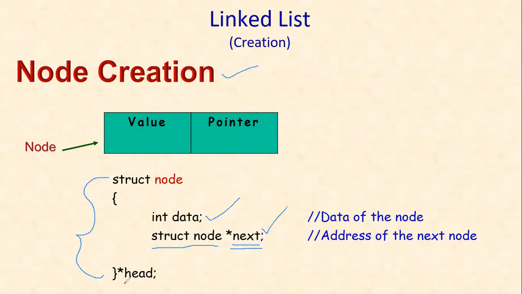I am also creating a pointer variable of type node to hold the first element, that is head. This is the declaration of that. Now hope you understand this node creation. Now we will go with the further discussion.